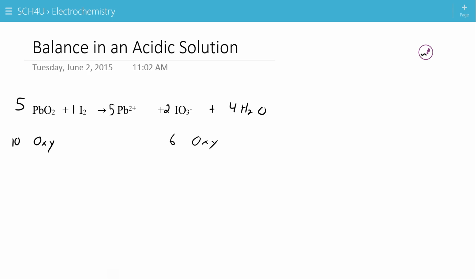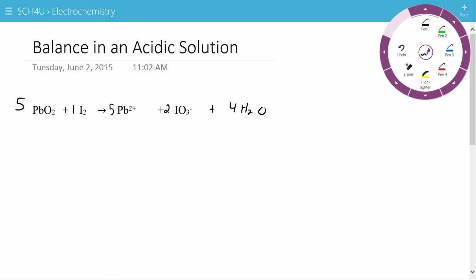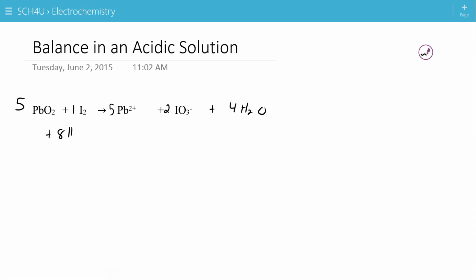Having done that, I can balance my hydrogens using a hydrogen ion. I have 4 times 2 hydrogens on this side, and that means I need 8 hydrogen ions on my left hand side. If I've done this correctly, the charge of both sides should be equal to each other.